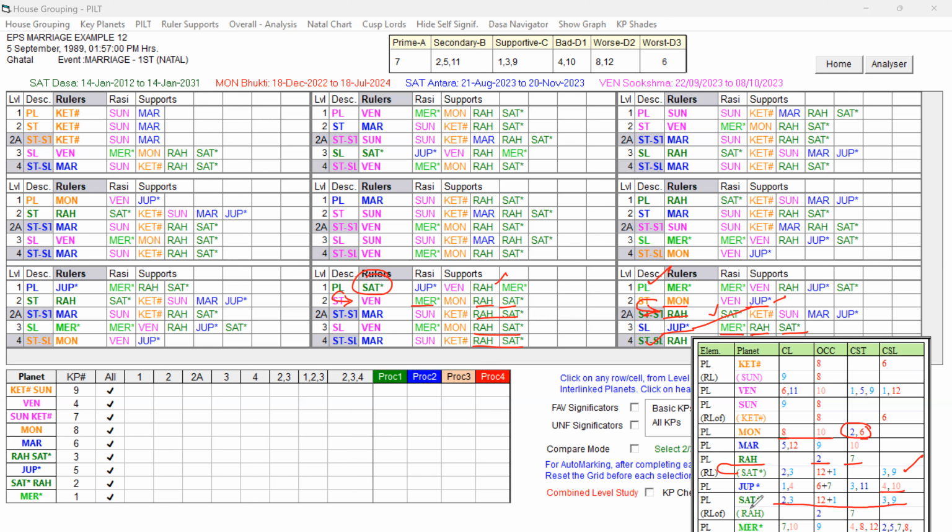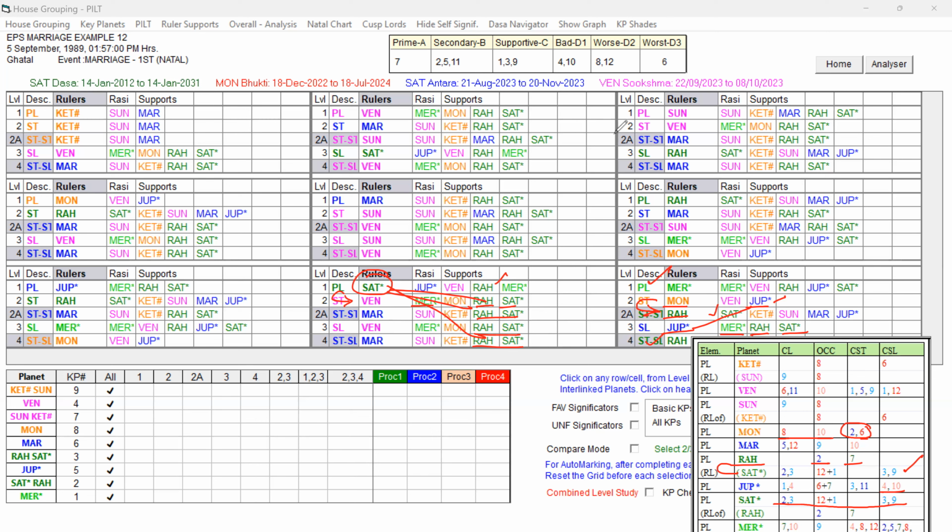These two planets are strong favorable key planets that are all playing a role in support of this planet, in addition to that the seventh sublord Mercury. So Venus is having some mixed significations, but it is having favorable key planets in support. That too, Saturn is forming a ruler link. So that way it is good. All levels are influenced by Saturn. So the Dasa Lord is favorable for the marriage prospects.